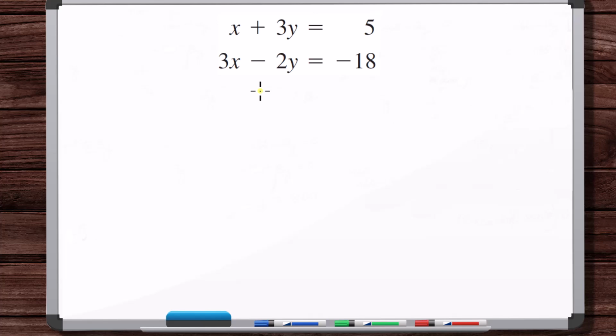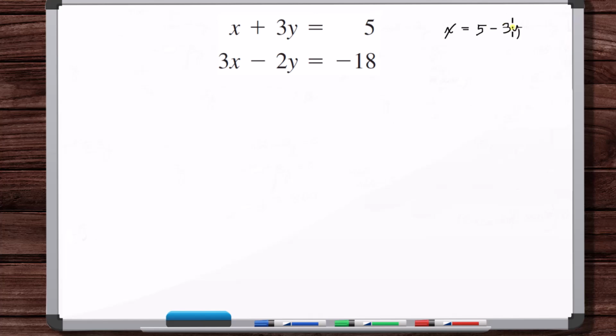However, just note that it really doesn't matter which method you use, both will work just fine for problems like this. I think when they're suggesting to use substitution, the idea is that for one of the equations, the coefficient on a variable is 1. So in that case, you can easily, just like here, solve for x. So subtract 3y from both sides of this first equation.